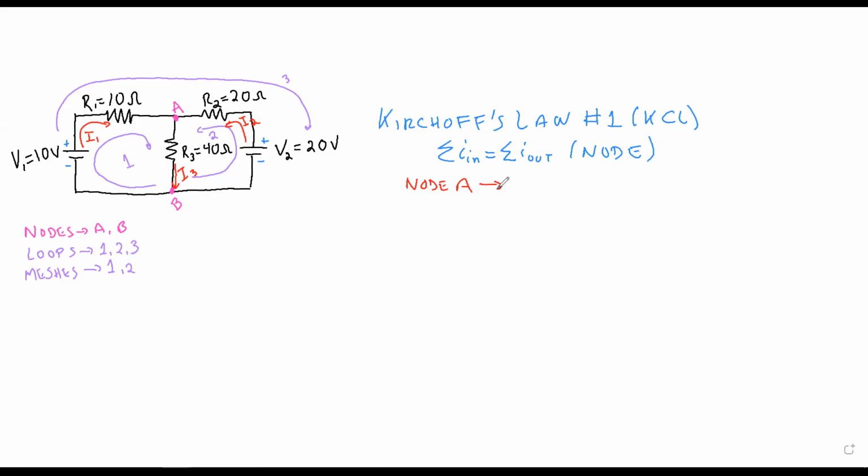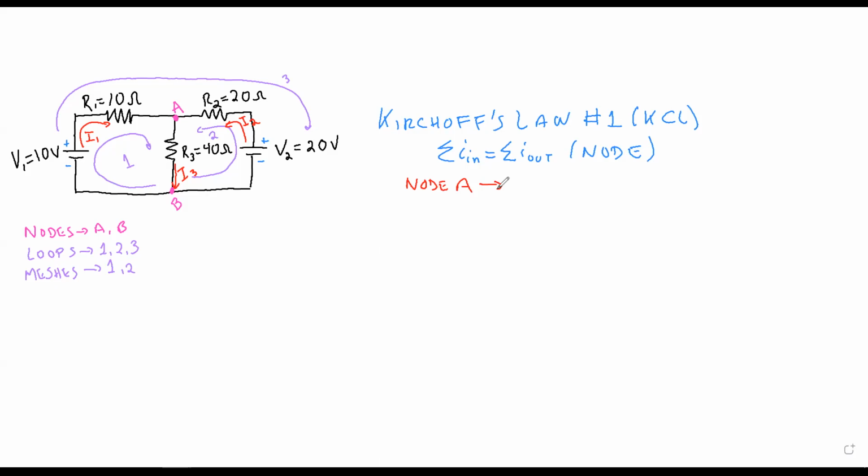And what is going out? I3. What's in blue is kind of an explanation of Kirchhoff's current law. The sum of the currents going in is equal to the sum of the currents going out.